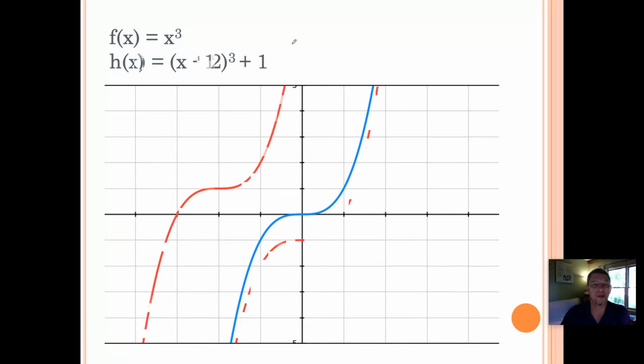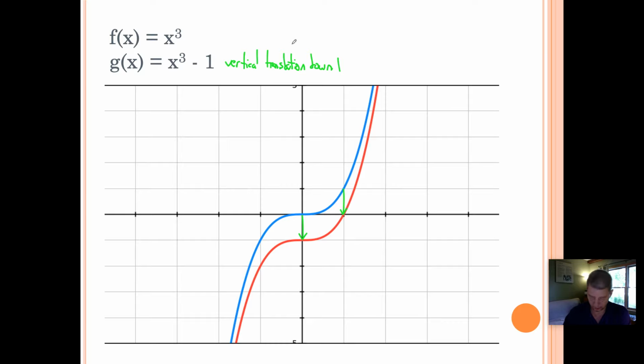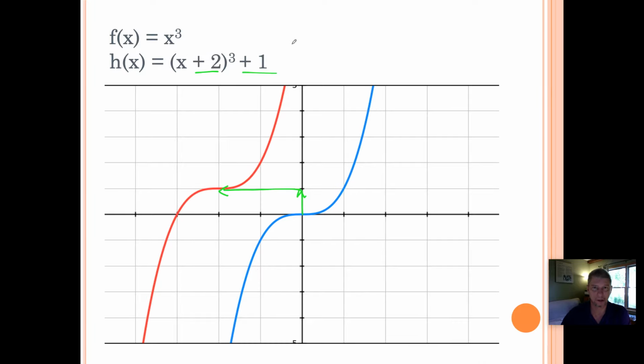So in this case, I've got a vertical, and I'm not going to write the whole thing out, but a vertical translation up by 1 and a horizontal translation in this case down, I'm sorry, left by 2 units.